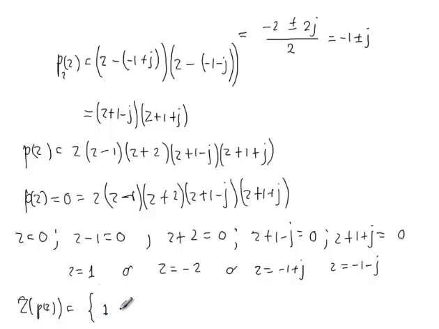It's 1. I'm listing them now. Minus 2. I'm giving that as a set. Or 0, sorry. I forgot 0 here. 0. Then minus 1 plus J. Then minus 1 minus J. Then that's the complete set of zeros.